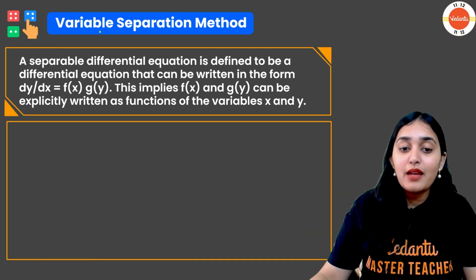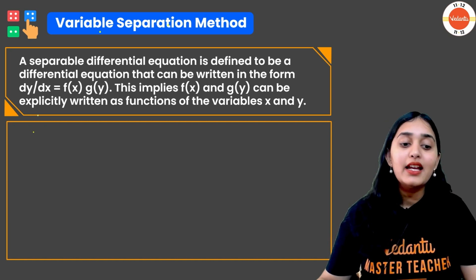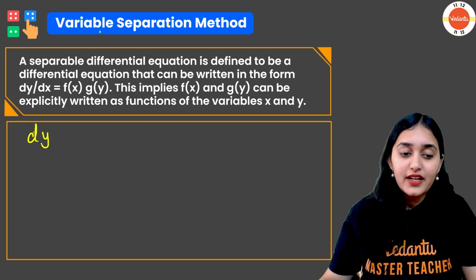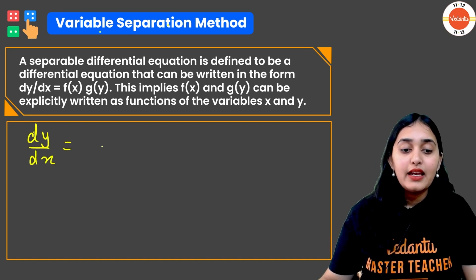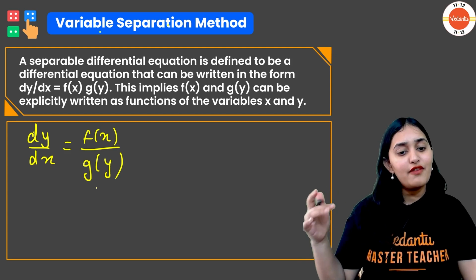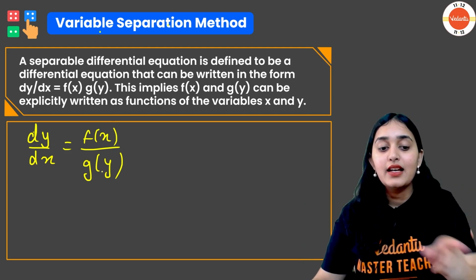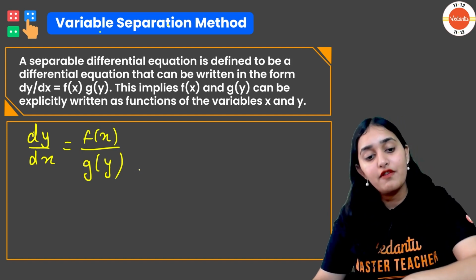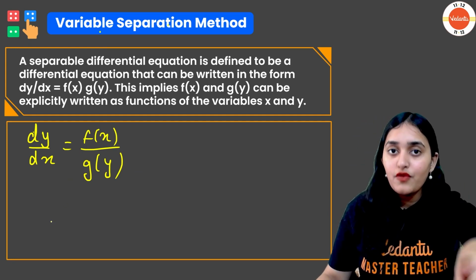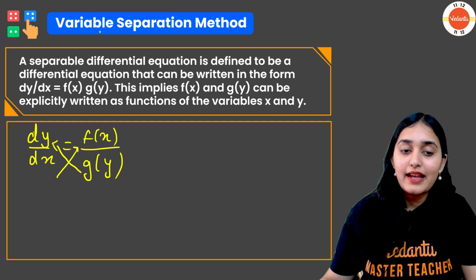First is variable separation method. Now what do we understand by that? It says that if dy by dx is f of x upon g of y, where f of x is a function of x and g of y is a function of y, then to find the solution, put y together, x together.